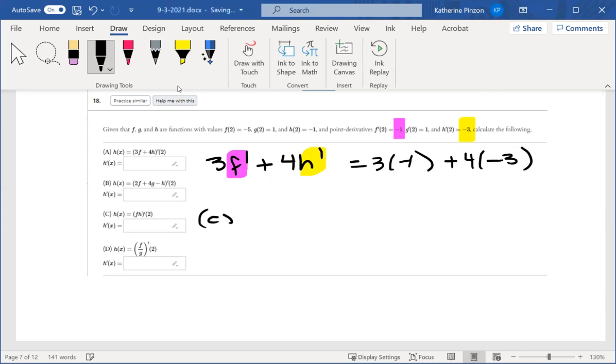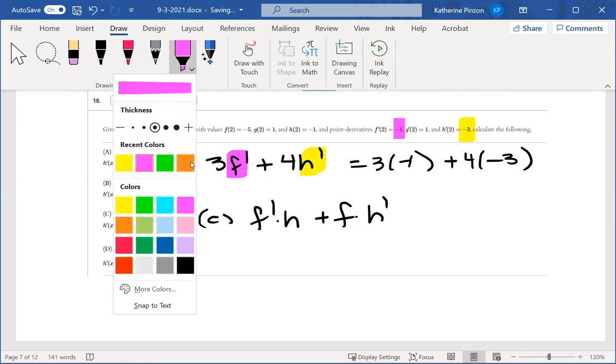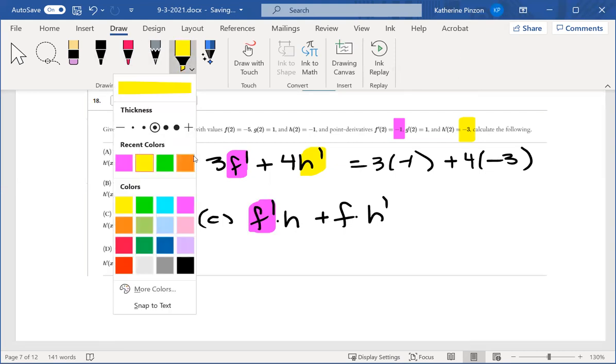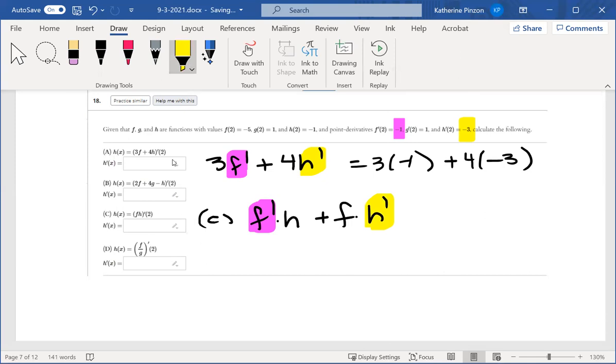So to take the derivative of f times h, I do the derivative of f times h plus f times the derivative of h. So I need f prime. That was the purple one. I need h prime. That was the yellow one. I need h.